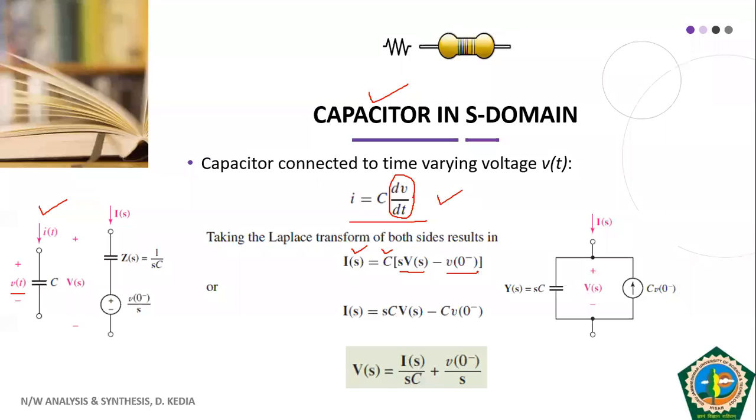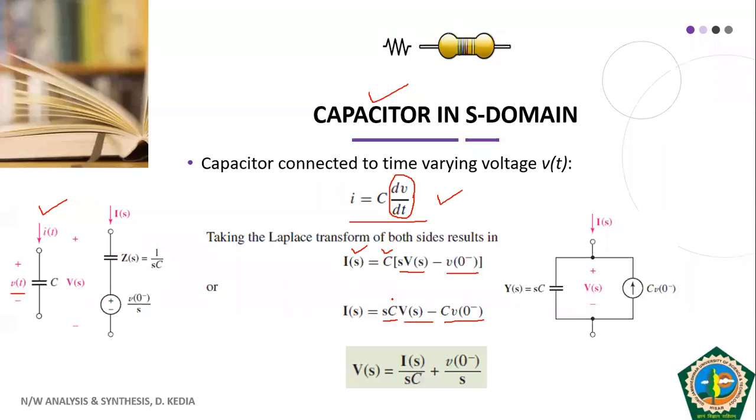So we know that in case of a capacitor, we have a constant voltage that the capacitor tries to preserve. So same kind of thing here. If you open it up, you get CSVs minus CV0 minus. Okay.